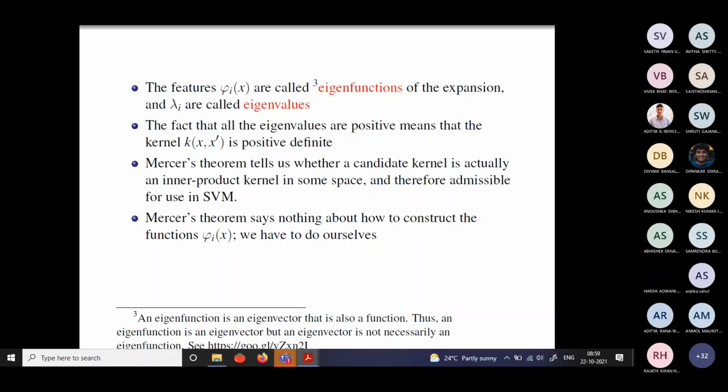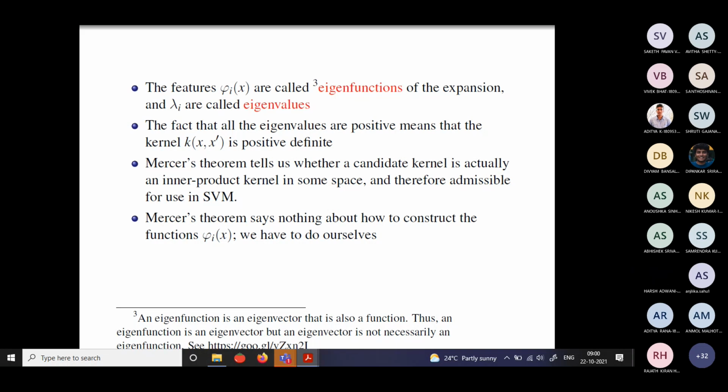Also, Mercer's theorem says nothing about how to construct those functions. It just says that if a function is there, I can check whether it's a valid kernel or not, but it does not give any idea how to construct it.